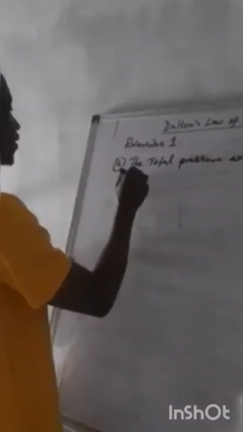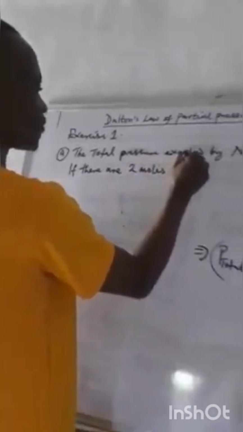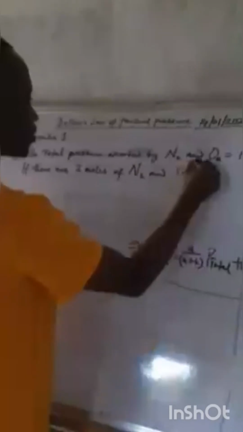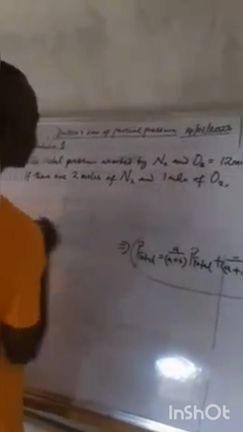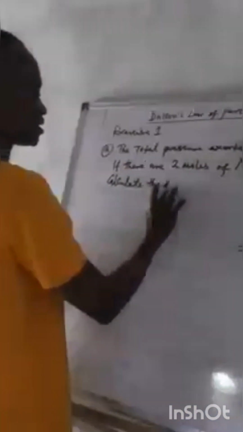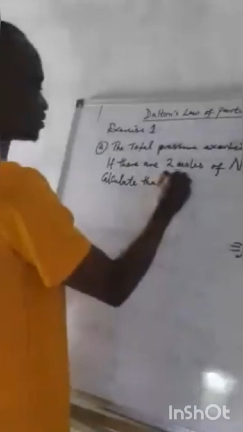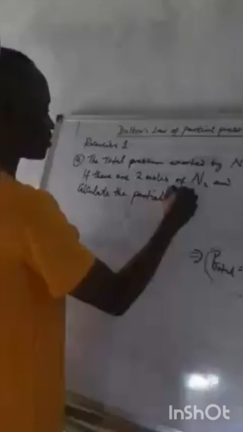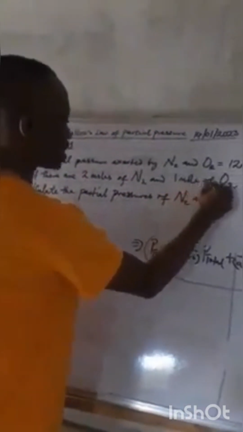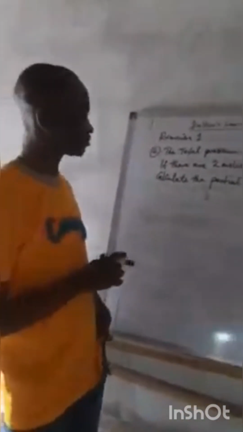If there are 2 moles of nitrogen gas and 1 mole of oxygen gas, calculate the partial pressures of nitrogen and oxygen. So let's look at this question.